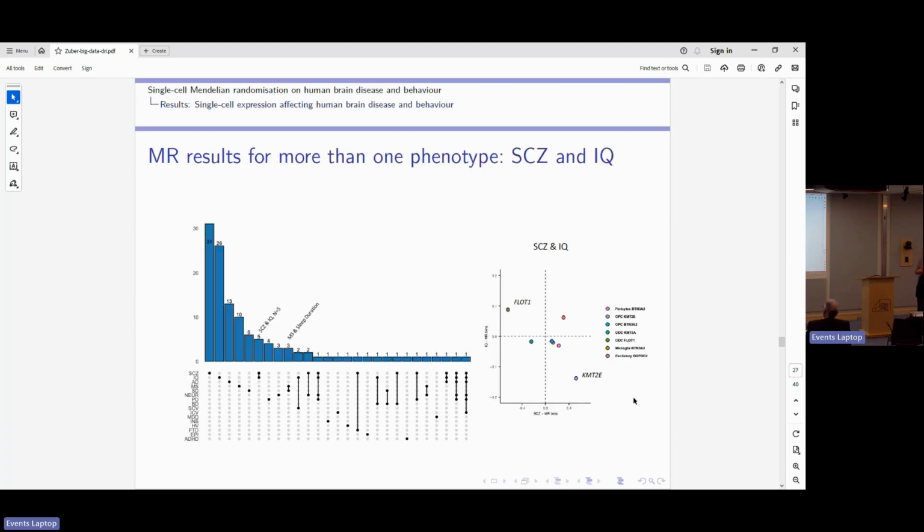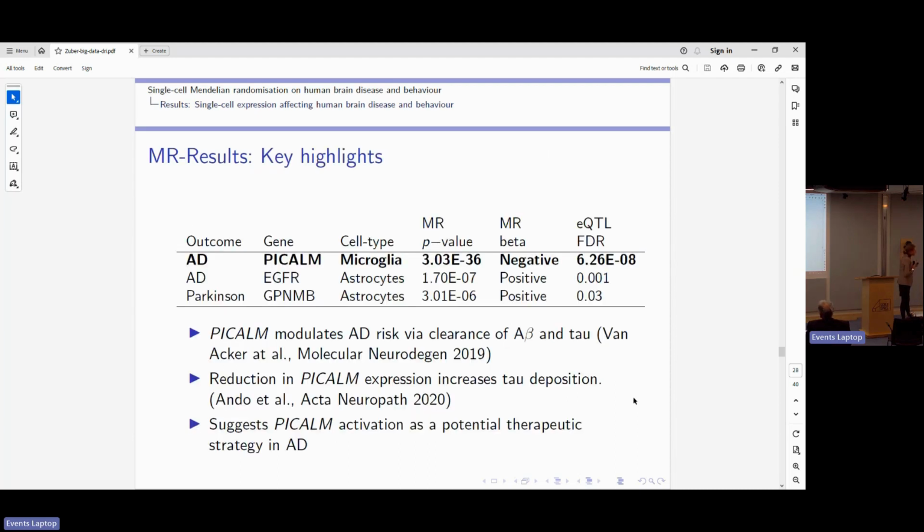You see in this plot on the x-axis the beta coefficient for schizophrenia, and the beta coefficient for IQ. Here you can see the pattern of how the gene expression links between those diseases. Zooming in a little bit on our key findings, I mentioned already PICALM expression in microglia for Alzheimer's disease.